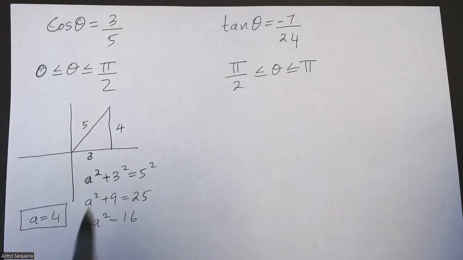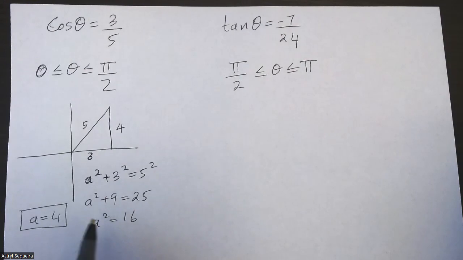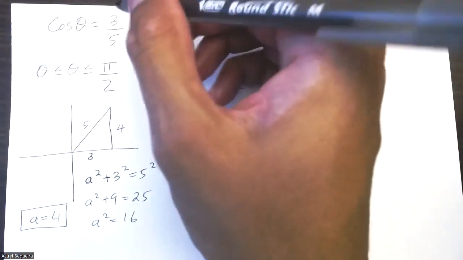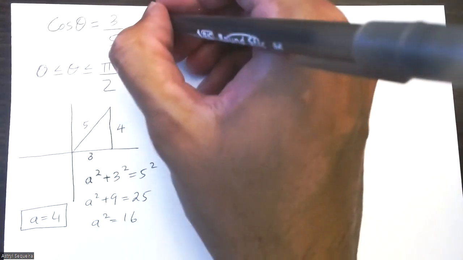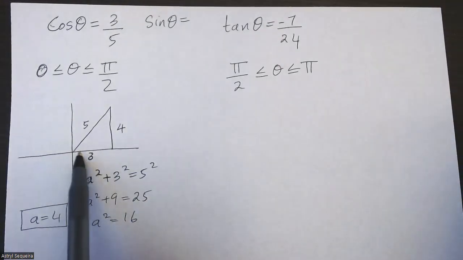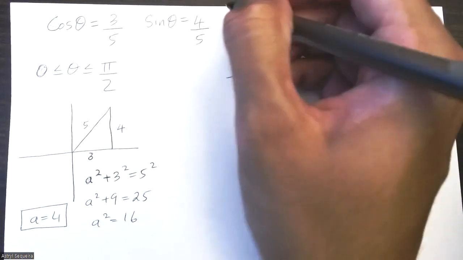So now we can just look at this triangle here and find sine theta and tan theta. Cos is already here at the top. So sine theta, if I look at this, sine is just opposite over hypotenuse, which is 4 over 5.